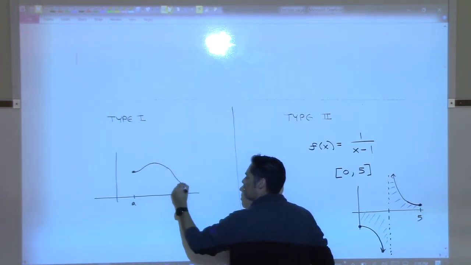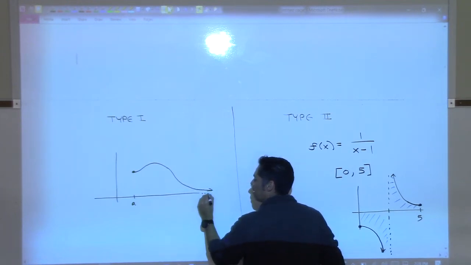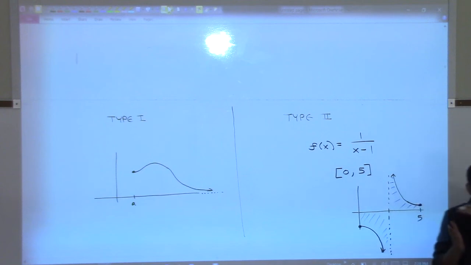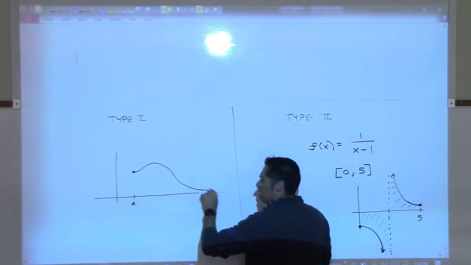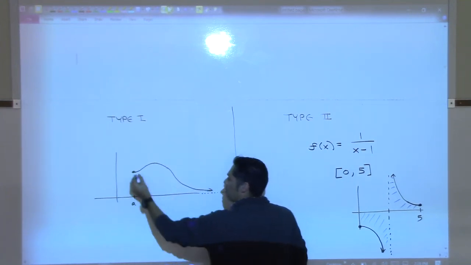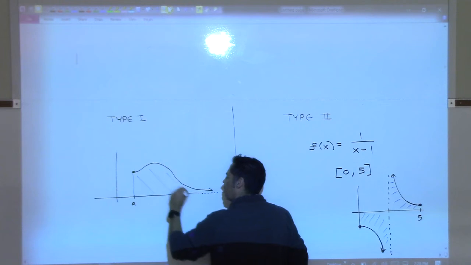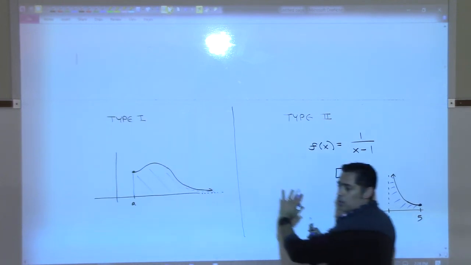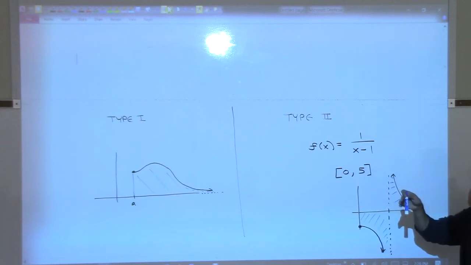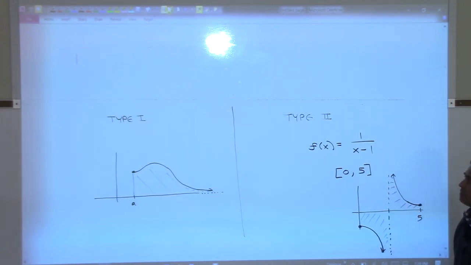So imagine a function that asymptotically approaches the x-axis, getting smaller and smaller. Can we talk about the area underneath that curve if we allow it to go forever? Make sense? So instead of going from A to B, we're going from A to what? Infinity. Okay, so that's type 1.